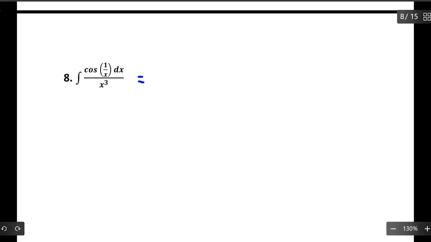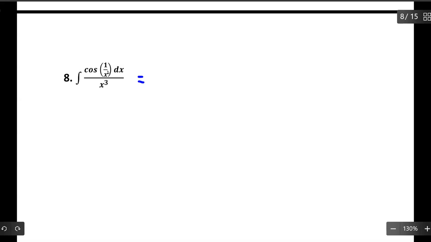I would like everyone to fix it for me. This should be x squared. On my solution it is an x squared. So I would like everyone to correct that for me, please. This should be 1 over x squared.